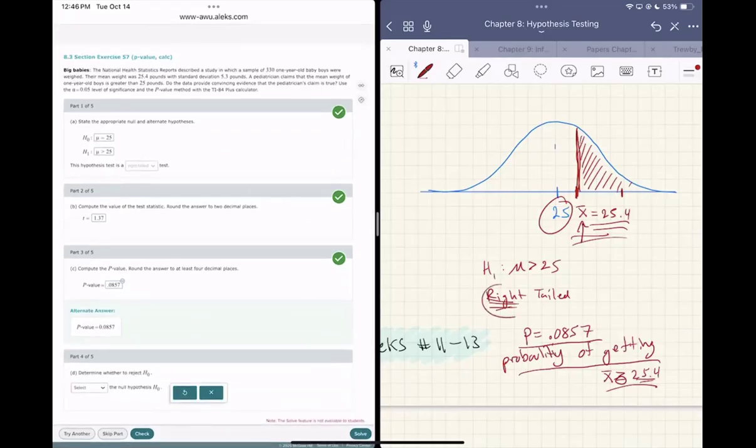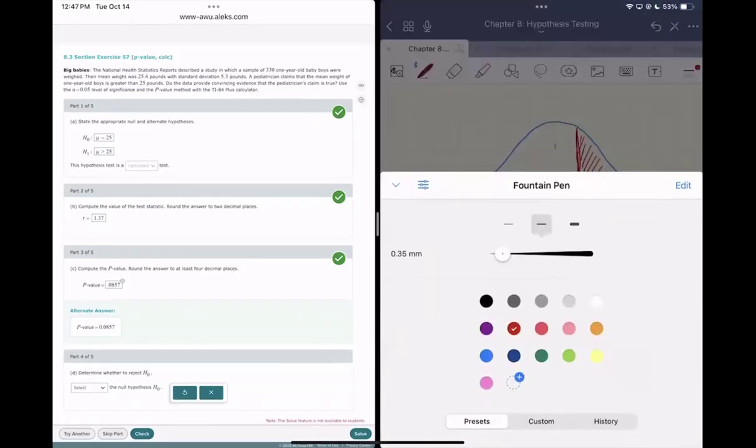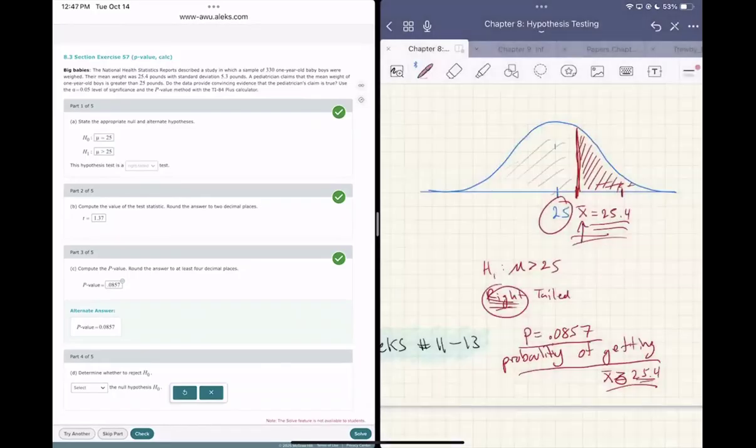Now, the fact that I shaded and computed all this for my area is because it's right-tailed. If it was left-tailed, then we would have found all this area. And if it was two-tailed, well, now this figure is getting really confusing. You would make a symmetric cut. So this is 0.4 above 25.